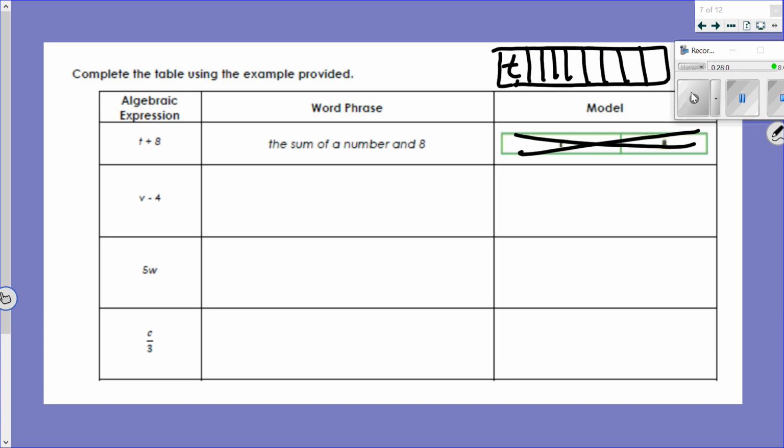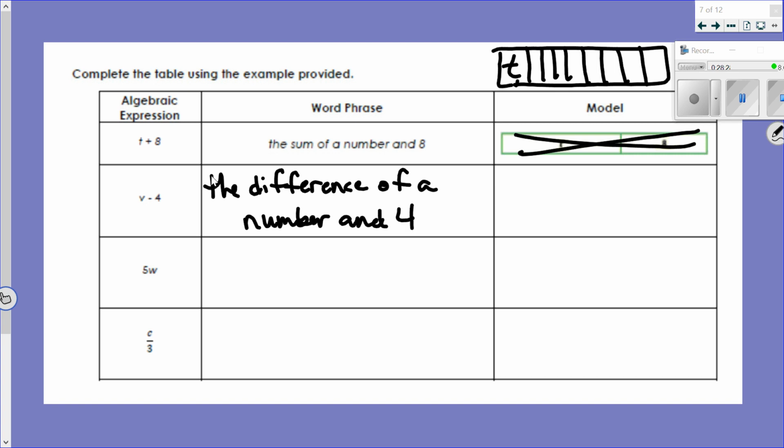How did we say this one in words? The words, yes. The difference of a number and 4. Awesome. The difference of a number and 4.